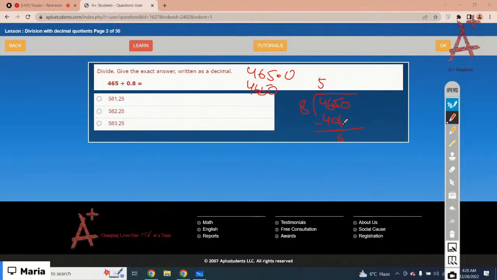It would be 6, and bring the next digit down. It would be 8 times 8 is 64. Bring the next digit down. 8 times 1 is 8. Here you put a decimal point and add a 0. 8 times 2 is 16. Add a 0 because you already have a decimal point. 8 times 5 is 40. Got it? That means the correct option is 581.25.